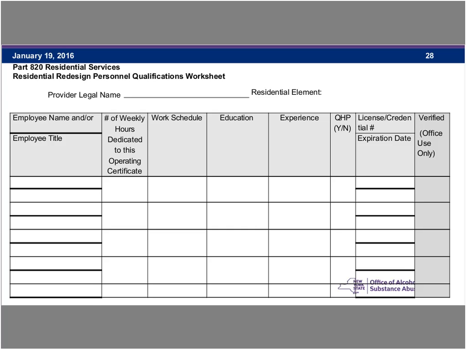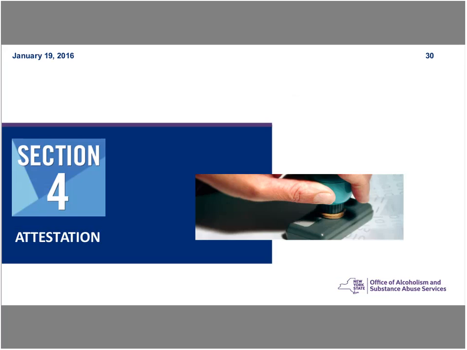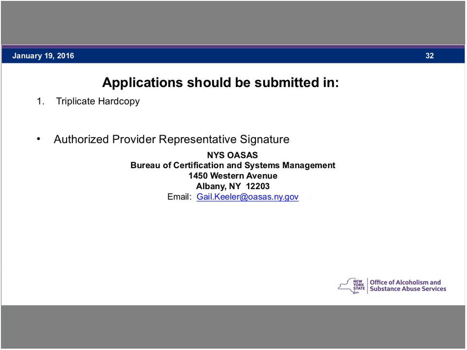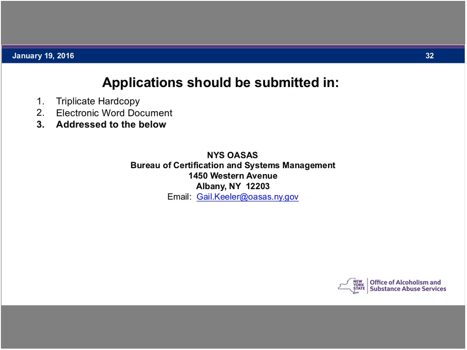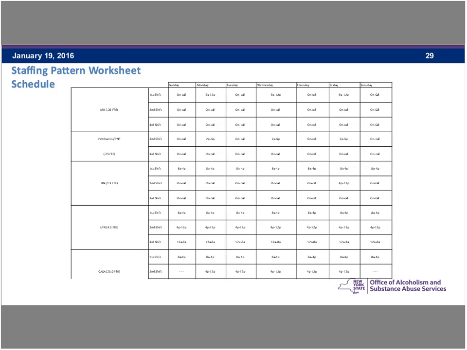We've had several providers, and I think this is a much better way of doing it, who did their application and gave us a separate sheet for staffing, and that looked somewhat like this. It identifies for you Monday through Sunday where the staff is and what hours they're working.